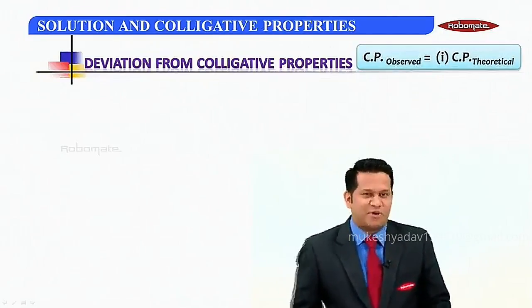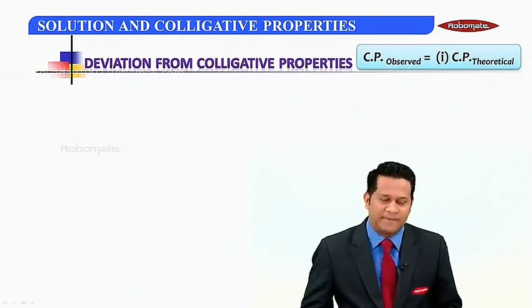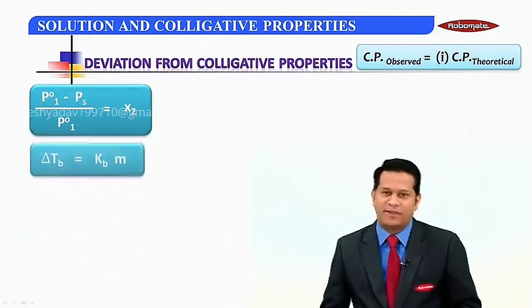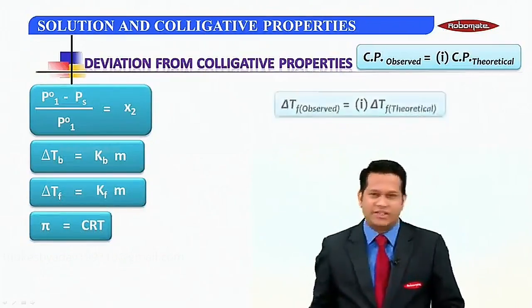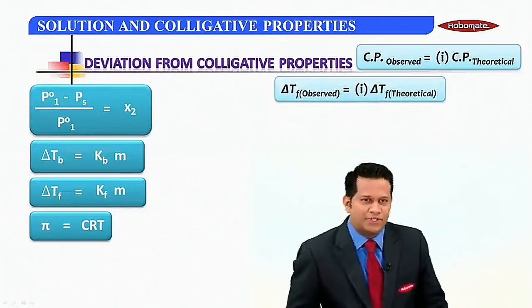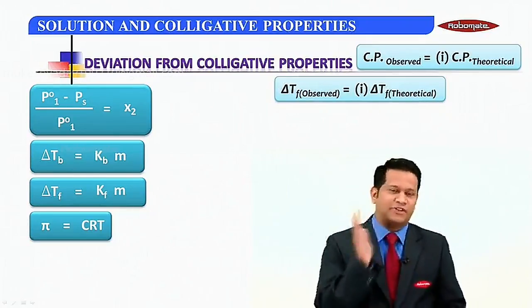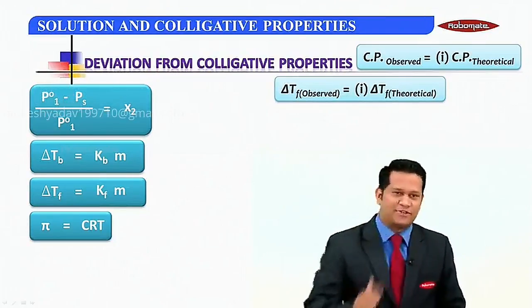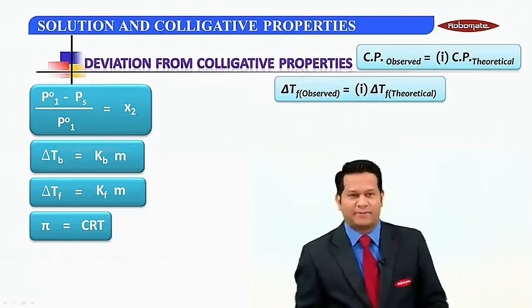Since CP observed equals i into CP theoretical, we can apply this to the four colligative properties. Let me take one in detail: delta Tf observed equals i into delta Tf theoretical, that is depression in freezing point observed and theoretical, and to equate them I have the Van't Hoff factor i.